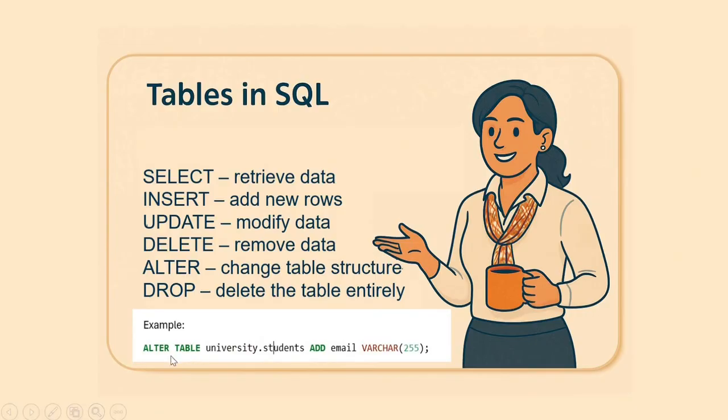For example, alter table students, it's in the Schema University, by adding a new attribute, which is the email, varchar 255, semicolon. Okay, maybe you will ask how we can write this number. It depends on the thing that you are adding here.